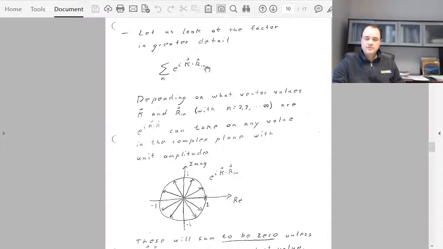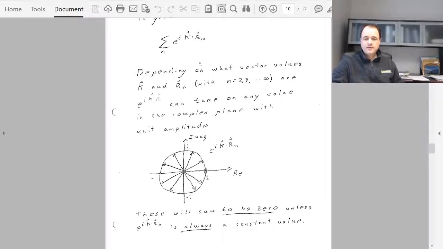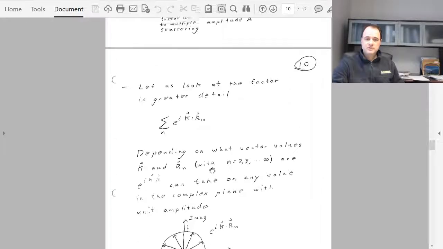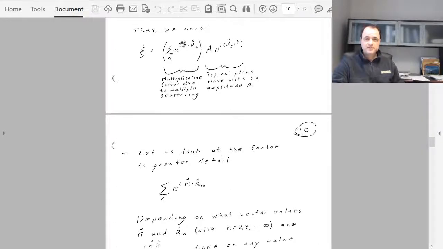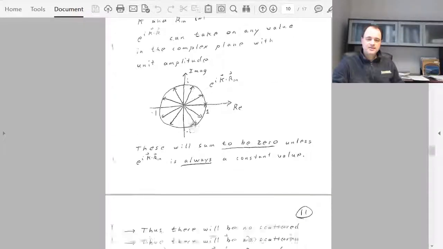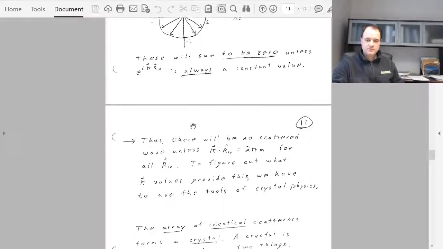If each one of those terms is the same, then say 1, so we have e to the i 2 pi, e to the i 4 pi, e to the i 6 pi. If that's what we have, then you're always adding 1 plus 1 plus 1 plus 1. And we will not get 0, but we will get a very large number, a non-zero number, importantly, so that we can get a wave coming out of this system, this material.